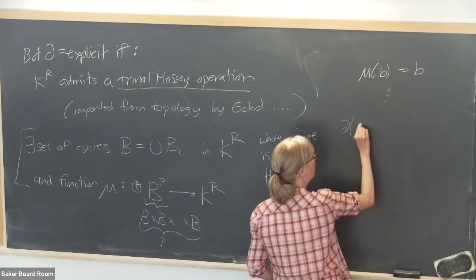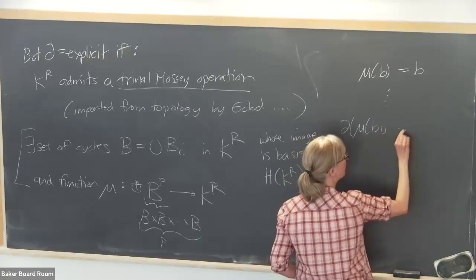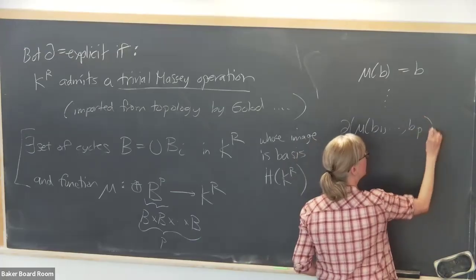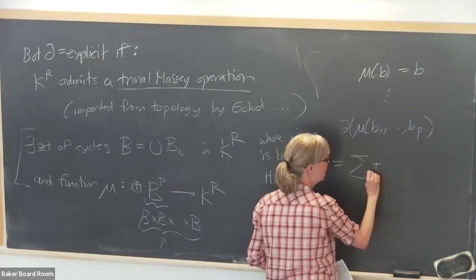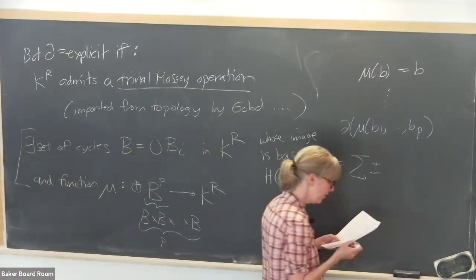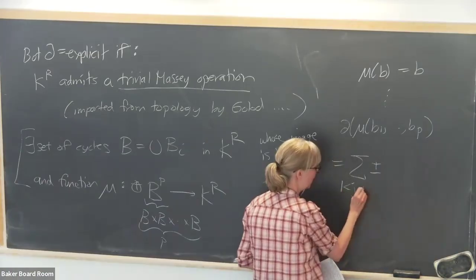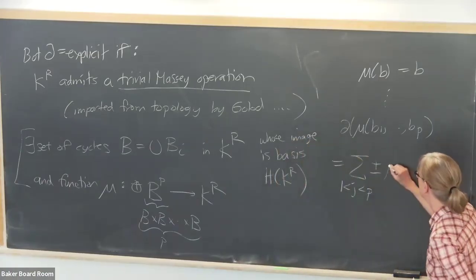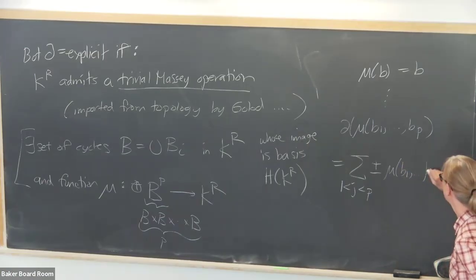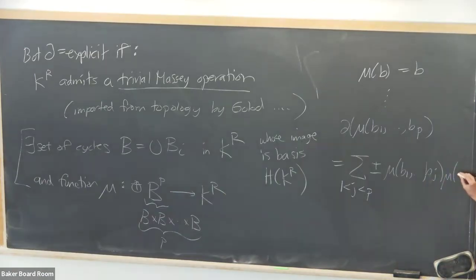You want the differential of mu of B1 through BP to be the sum of plus or minus. I am avoiding all signs in my talk, I will explain why later. For 1 less than or equal to J less than P, you take the Massey operation on B1 up to Bj and multiply it by the Massey operation of Bj plus 1 up to Bp.